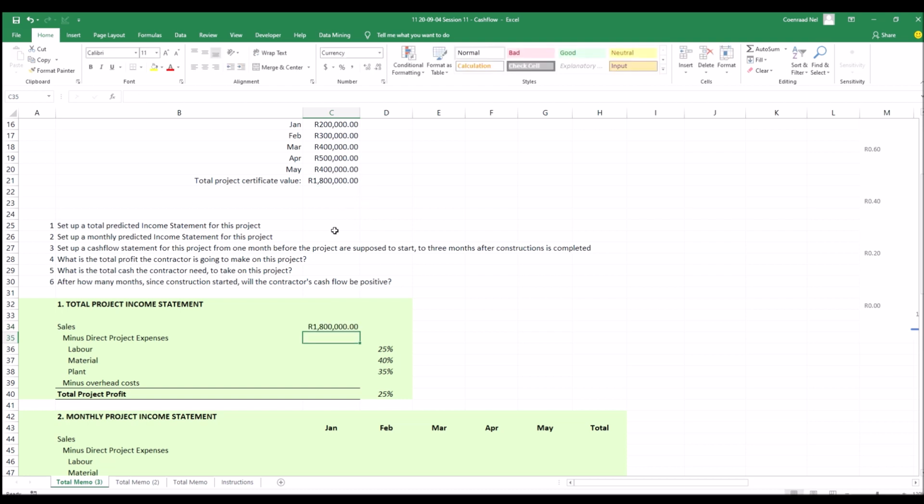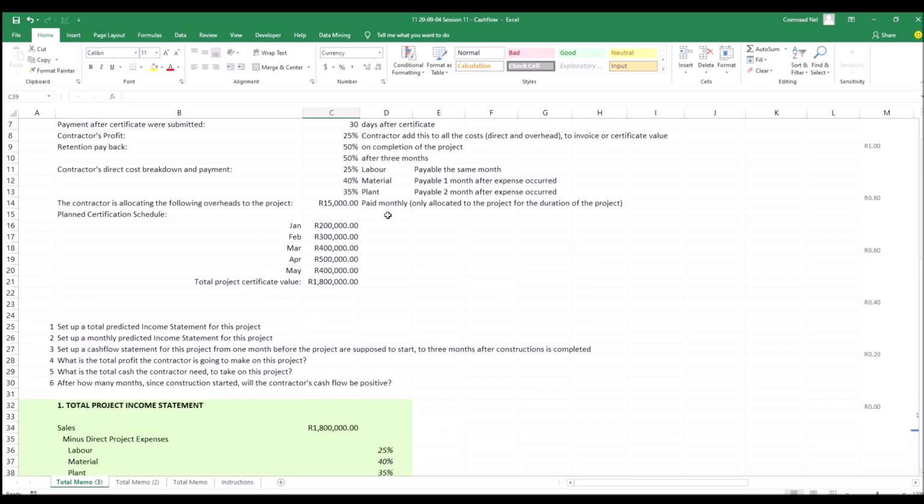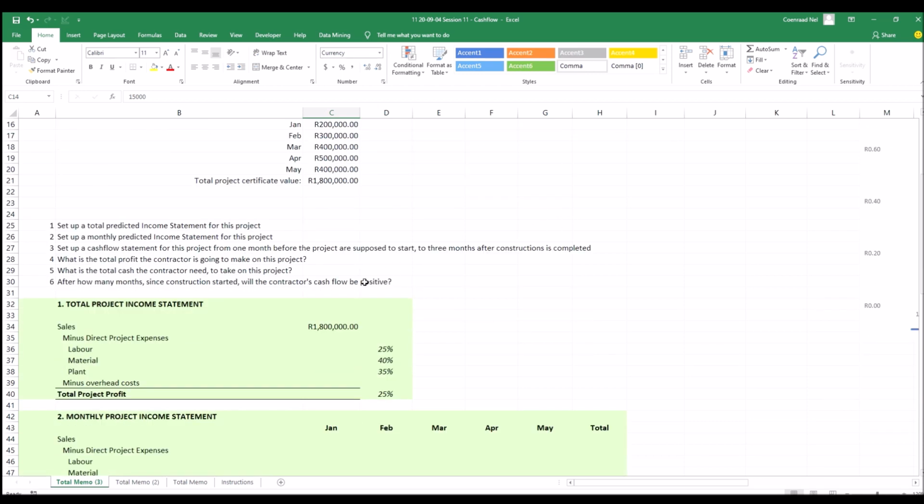Now, when it comes to the cost, we don't know what the direct project costs are yet, but we know what the total overhead costs are, because those are constant. They say we're paying overhead costs of 15,000 rand, paid monthly, allocated to the project for the duration of the project.